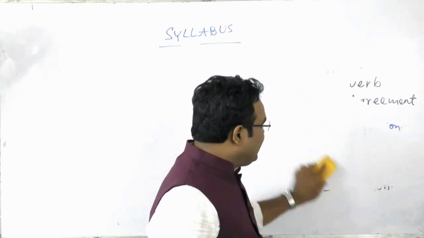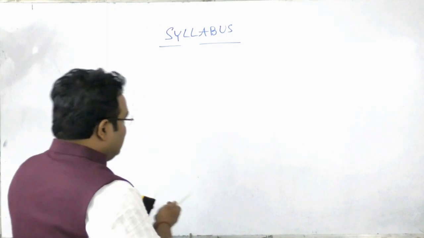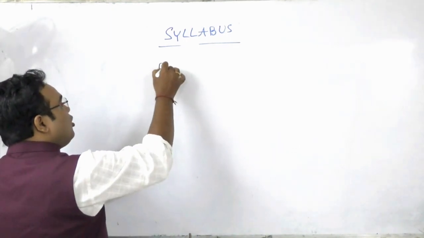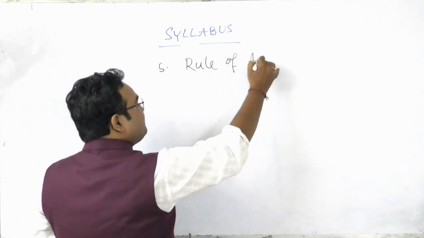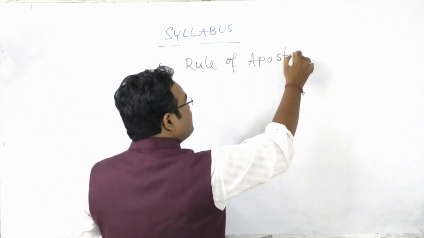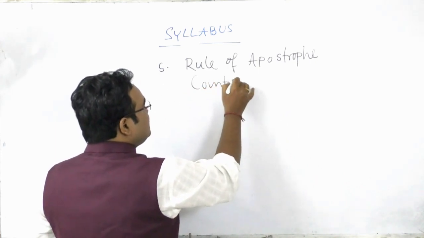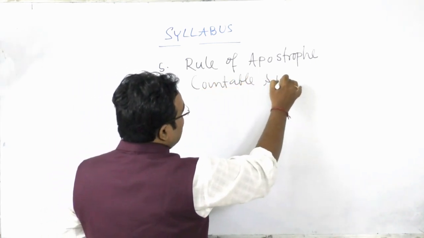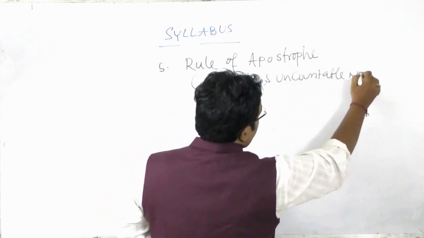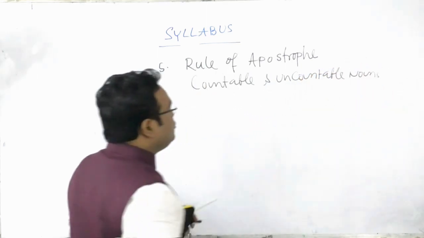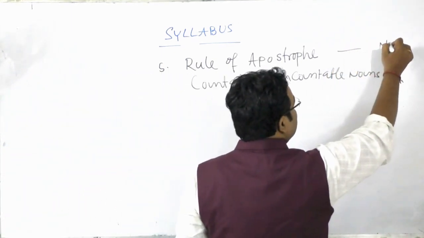Number 5 is rule of apostrophe, countable and uncountable nouns, under the chapter called noun.